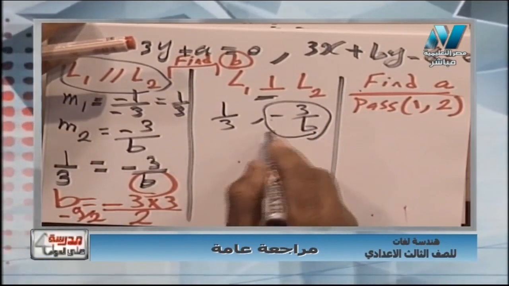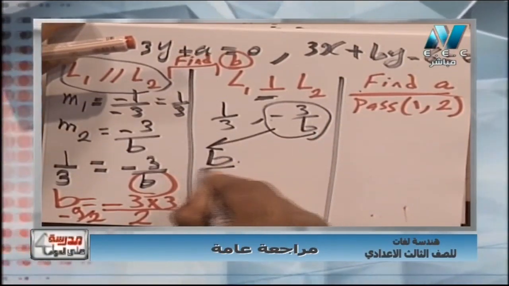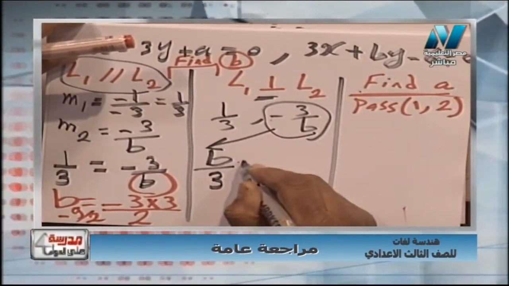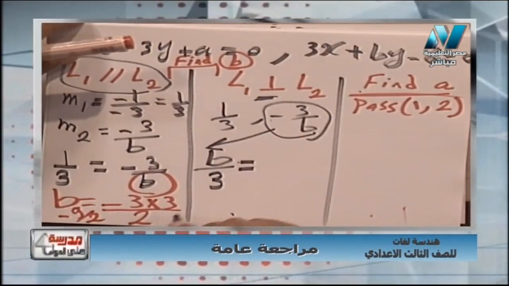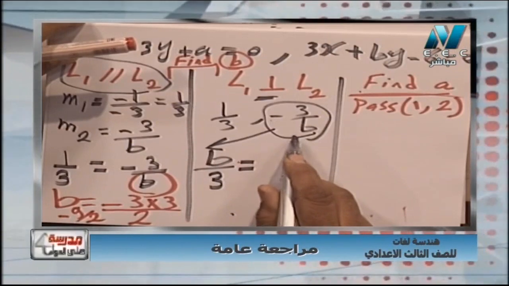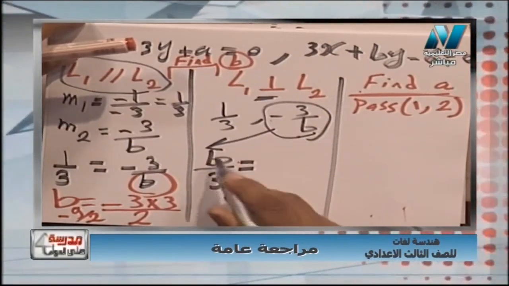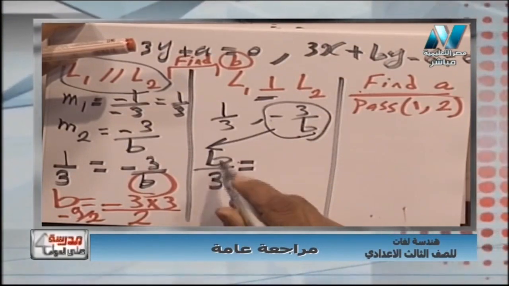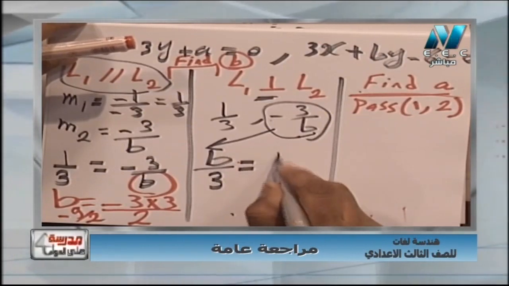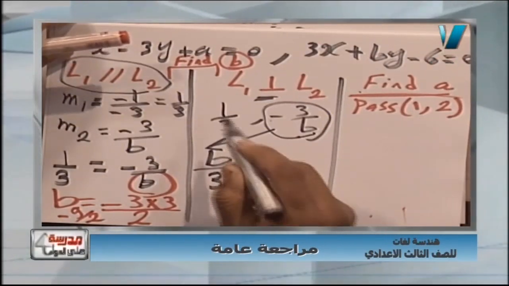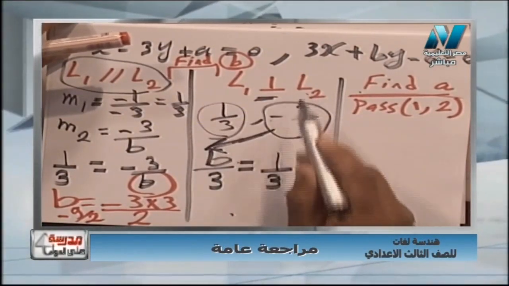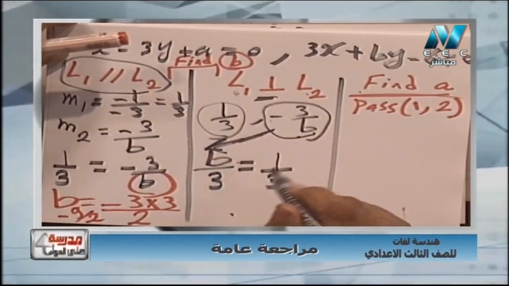Then using the multiplicative inverse and additive inverse, we flip the fraction and change the sign. So b over 3, when it's perpendicular and we reverse the fraction and change the sign, now becomes equal to 1/3.